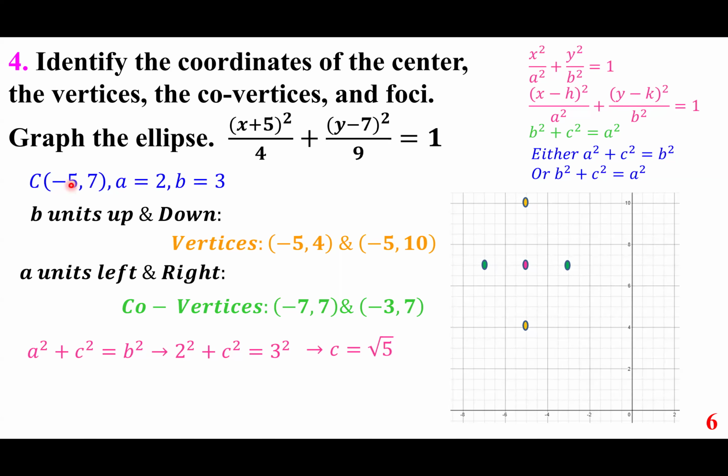So for the center, we are going to add and subtract this number from 7. Almost 2.8, 2.2, and we get almost 4.8. Same thing here. Those are the foci.